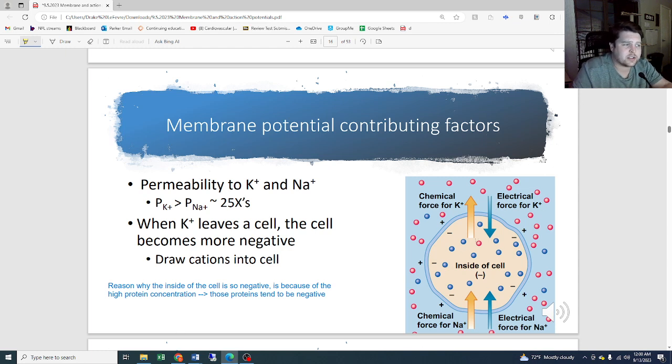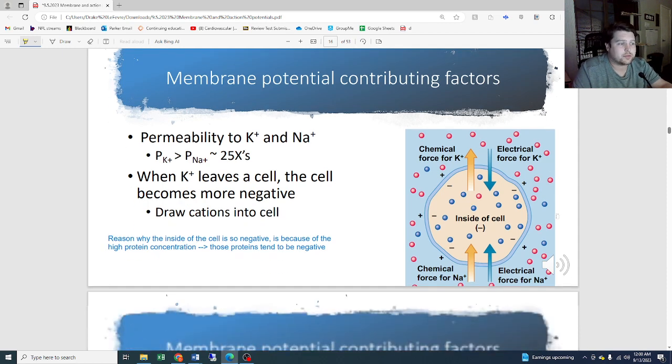Because the inside of the cell is way more negative than the outside, that electrical force pushes back on the potassium, telling it to stay inside, because it's a positive cation attracted toward the negative. So those forces go against each other, but in general you still get leakage of the potassium out.